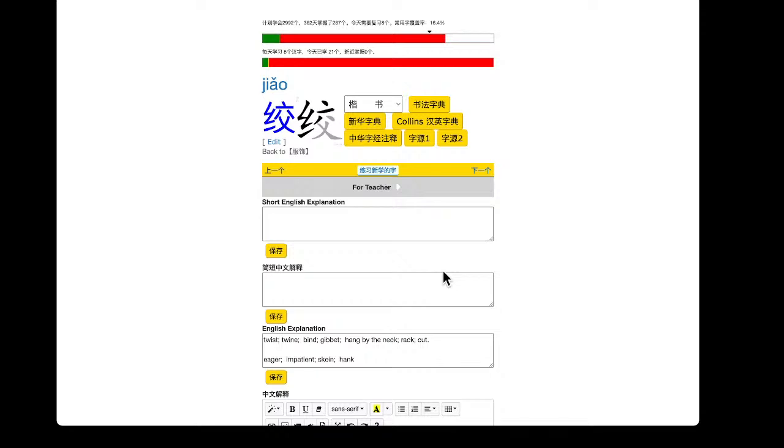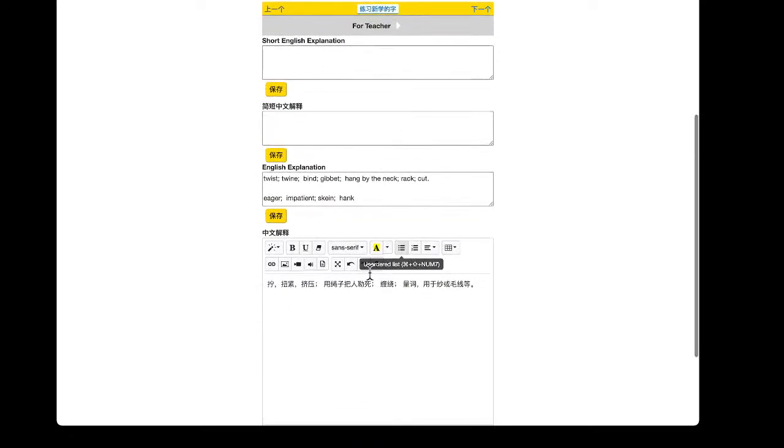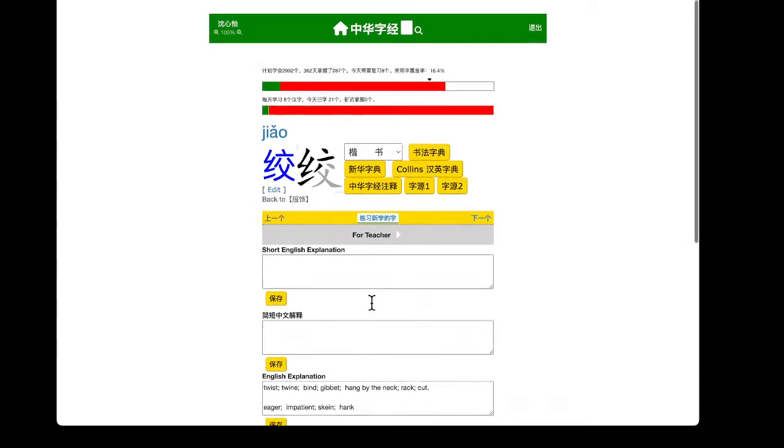It's called a 绞. Okay. So now this one is also pretty much makes sense because on the right hand side is 交. Now 交 means crossover. So this means that you have to make the rope cross each other. Okay, to 交.